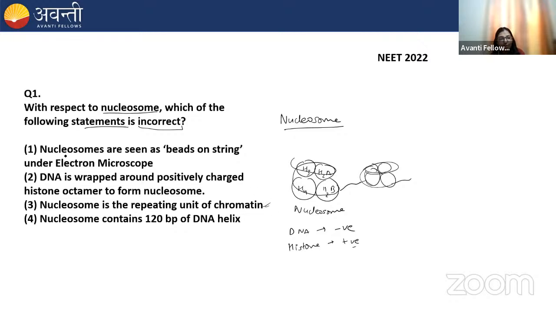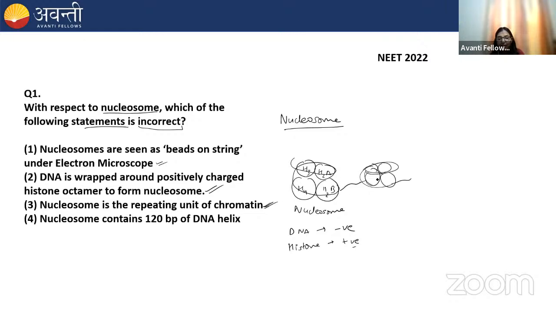Option 1 says nucleosomes are seen as beads on a string under the electron microscope. Yes, nucleosomes appear as beads on a string under the electron microscope. Second, DNA is wrapped around the positively charged histone octamer to form a nucleosome. Yes, that is true. Third, nucleosome is a repeating unit in chromatin.